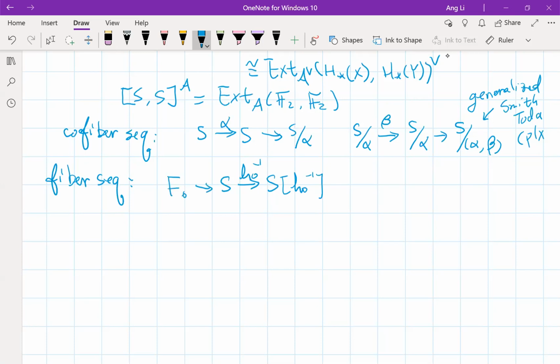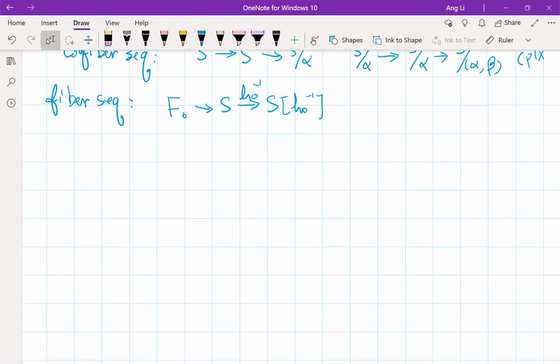Remember, we are in a stable category, so cofiber and fiber sequences both induce a long exact sequence in Ext. And then that is going to bring me, okay, where is that? There we go.